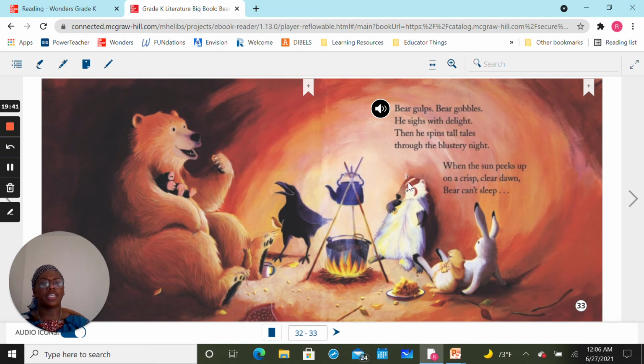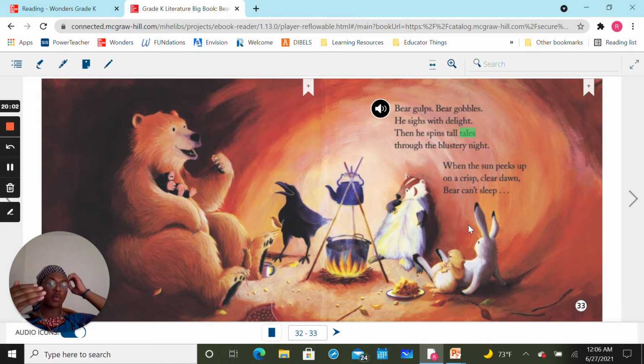Now, tales, T-A-L-E-S, that's another word for stories. And the phrase tall tales means that he's telling stories that are not real, but they're probably fun to enjoy. So we can look at the picture and we see that his hand is stuck in the air.